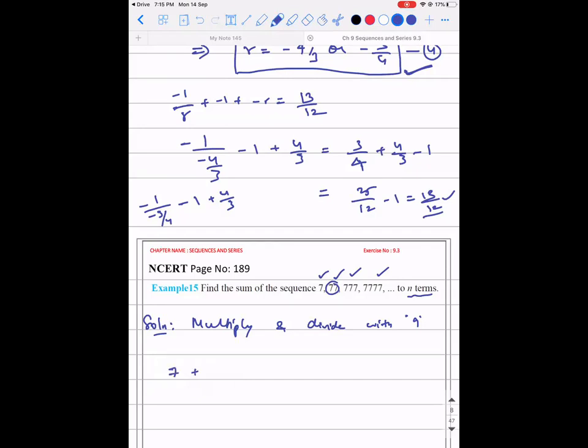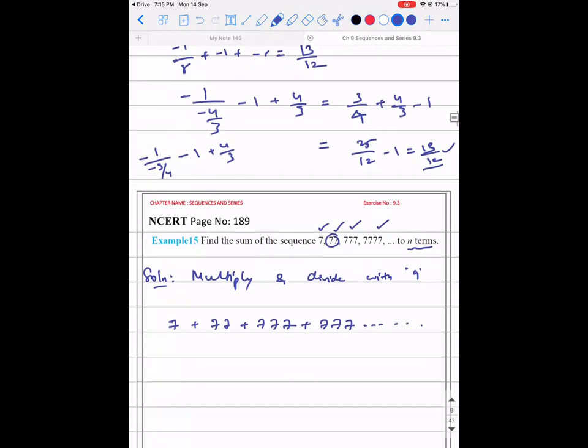See, 7 plus 77 plus 777, 4 sevens, it keeps on going. If you take out 7 common, what do you have? 1 plus 11 plus 111 plus 1111 plus so on. Is this forming any sequence?